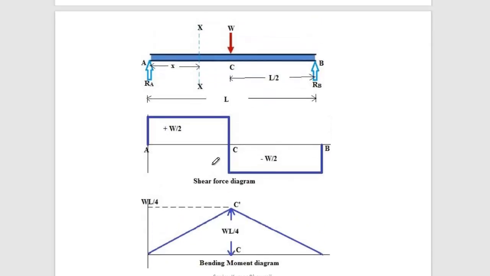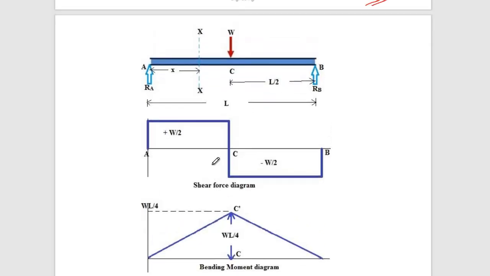So now come to the drawing of the shear force and bending moment diagram. Suppose you have a load of W. Forget about W, consider W equals 100, no problem. Suppose a 100 unit load is given in the middle of the beam.